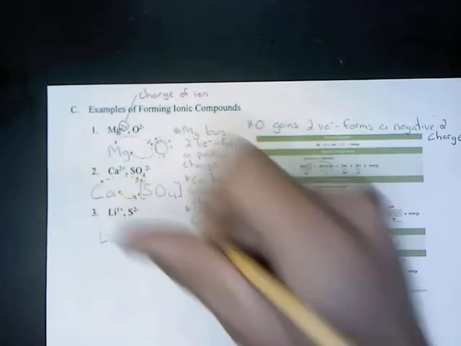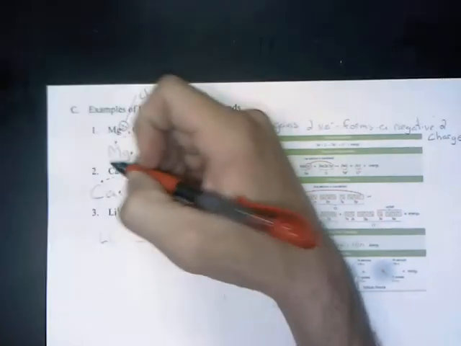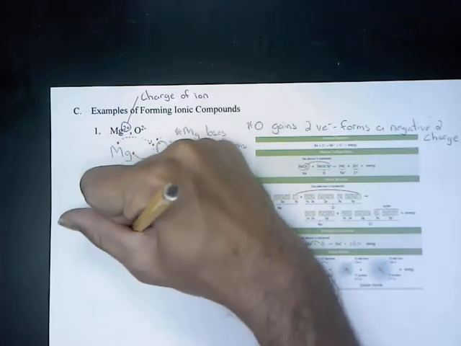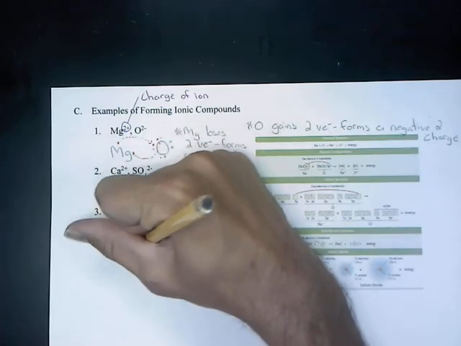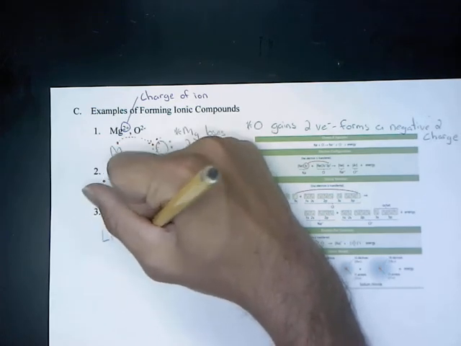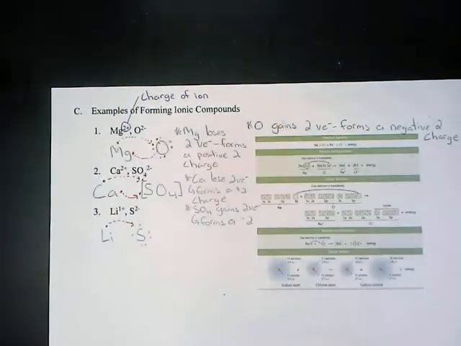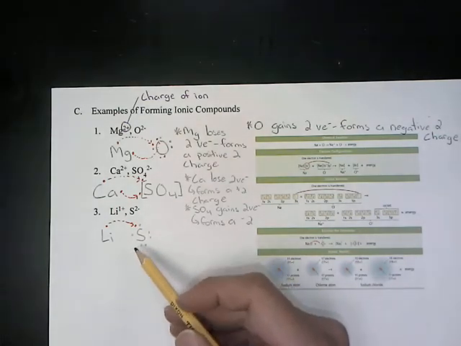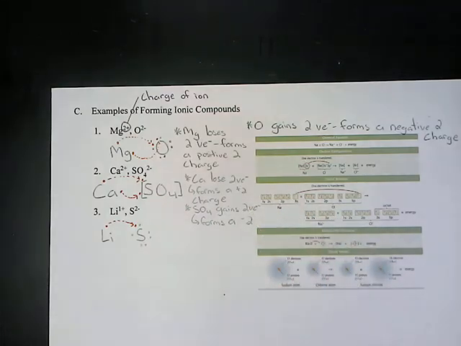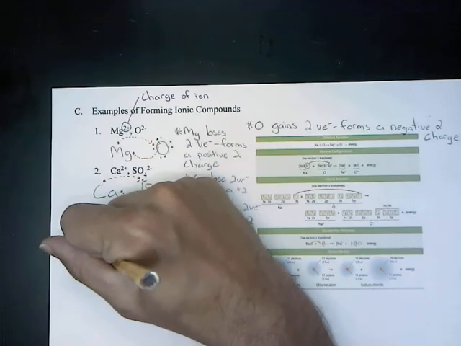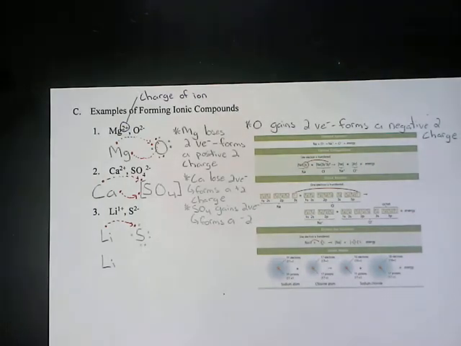Now, I'm going to draw the valence electrons for lithium, which is just 1, and for sulfur. What happens here is kind of a weird dilemma. Lithium only has 1 valence electron to donate. So sulfur says, hey, I need another electron to fill up my outer shell.